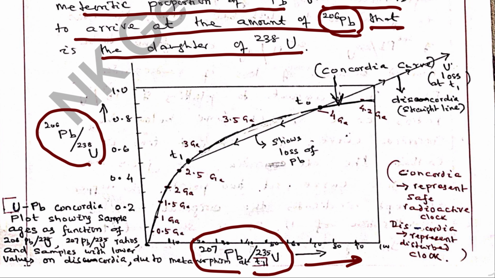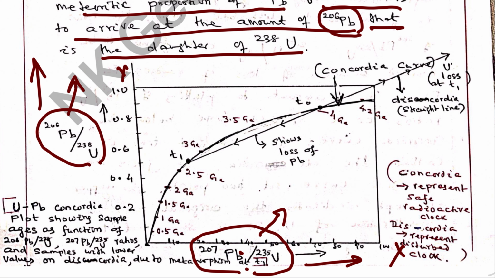So they are plotted in the graph in this manner: Pb207 by uranium-235 on the x-axis and Pb206 by uranium-238 on the y-axis. And the age of rocks and minerals is determined with respect to these ratios. This ratio gives the age of the rocks. This ratio also gives the age of the rocks.